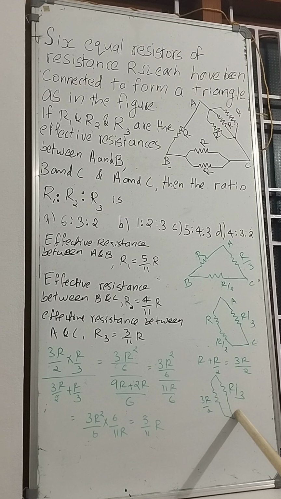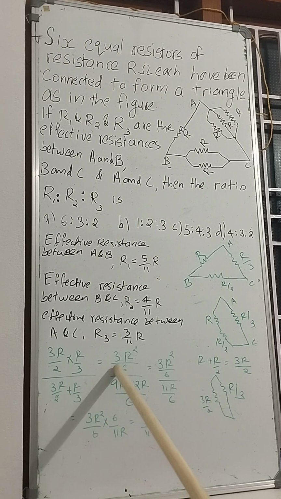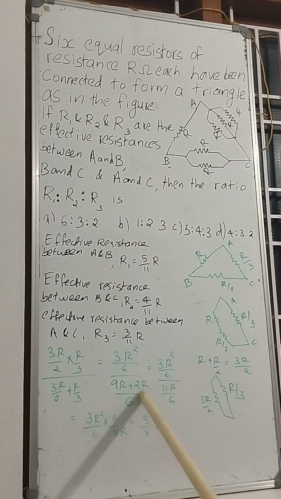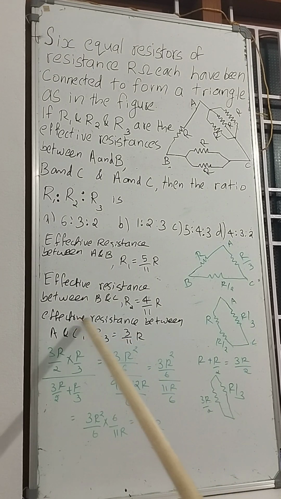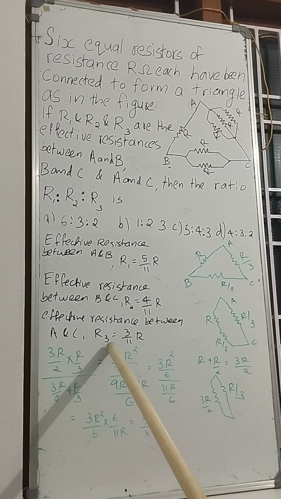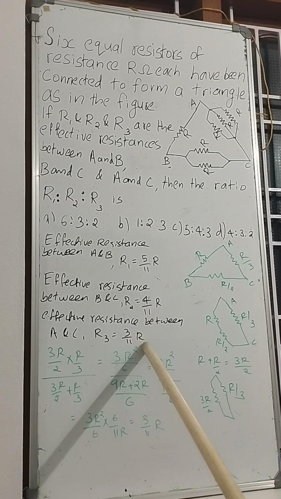So what is their effective resistance? The product of their resistances divided by the sum of their resistances. So that is 3R square by 6 divided by 11R by 6, multiplying by the inverse. As usual, 1 power of R is cancelled from the numerator, and 6 and 6 are cancelled, so that is 3 by 11 into R. So the effective resistance between A and C, R3, is 3 by 11 into R.